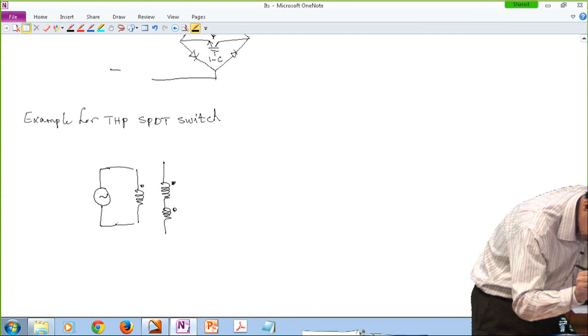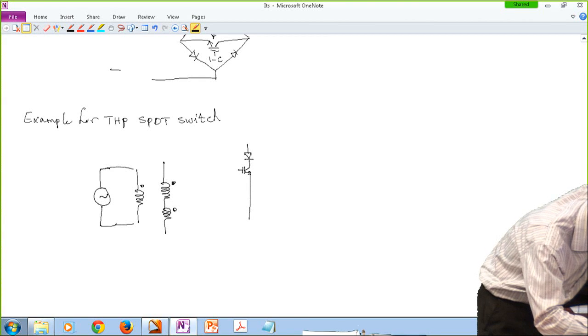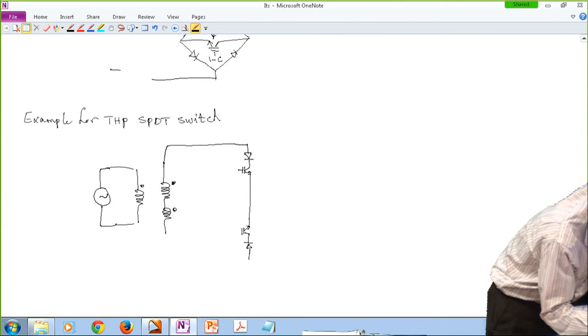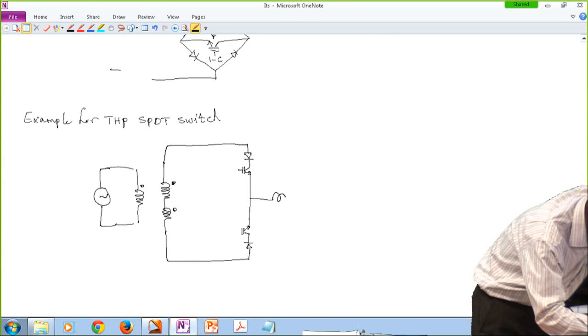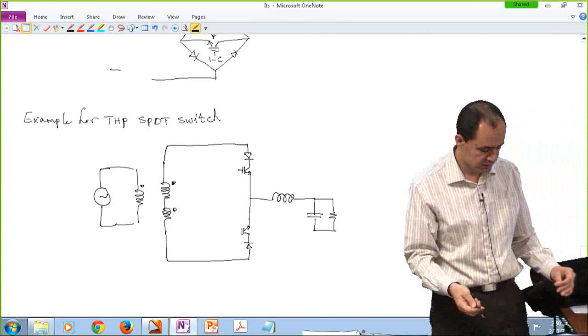I'm splitting the voltage, and then actually, you can argue that we don't really need this capacitor.